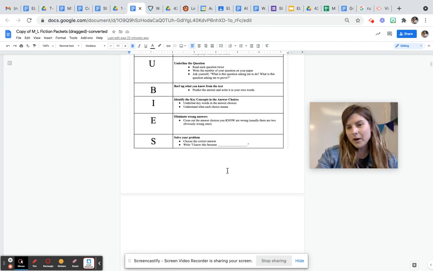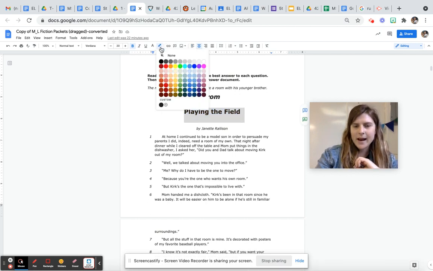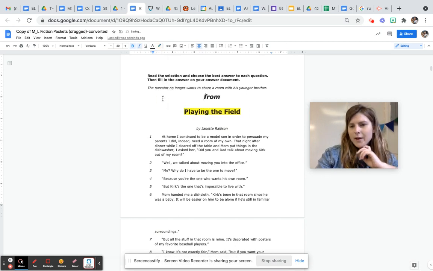Okay, so the first thing you want to do is write the title down. So if I'm online, basically what I'm going to do is I'm going to highlight this title by using the highlighter button. But if you're in person, you're going to write the title down. Okay, so you can pause the video and write Playing the Field down next to the T on your paper.